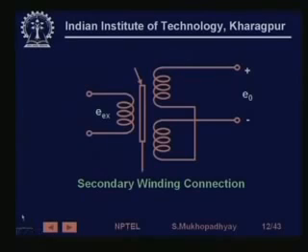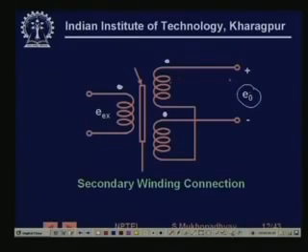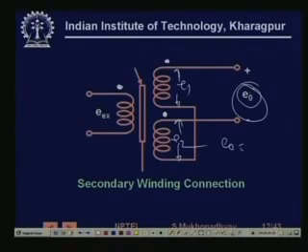There is a concept of a dot: either you short the two dots together, or you take the output from the two dots and short the others together, and then it will be in series opposition. Opposition means that if you have an EMF E1 here and an EMF E2 there, then E0 will be E1 minus E2. So E0 equals E1 minus E2. This is called series opposition.